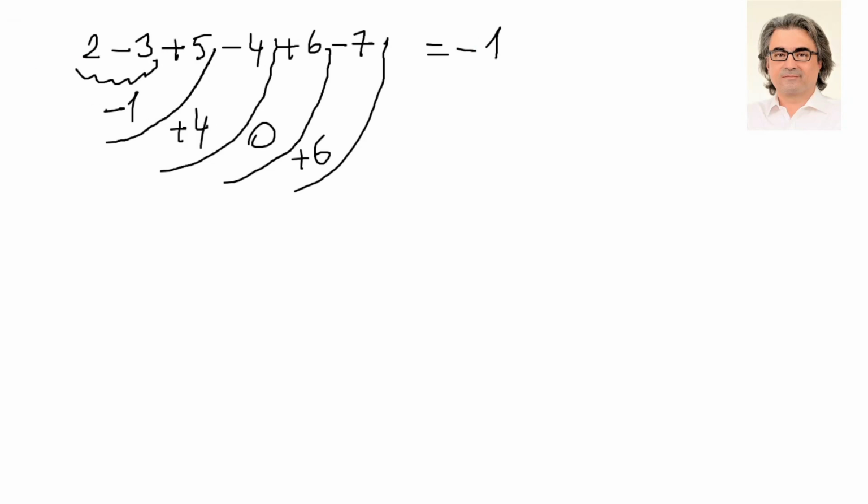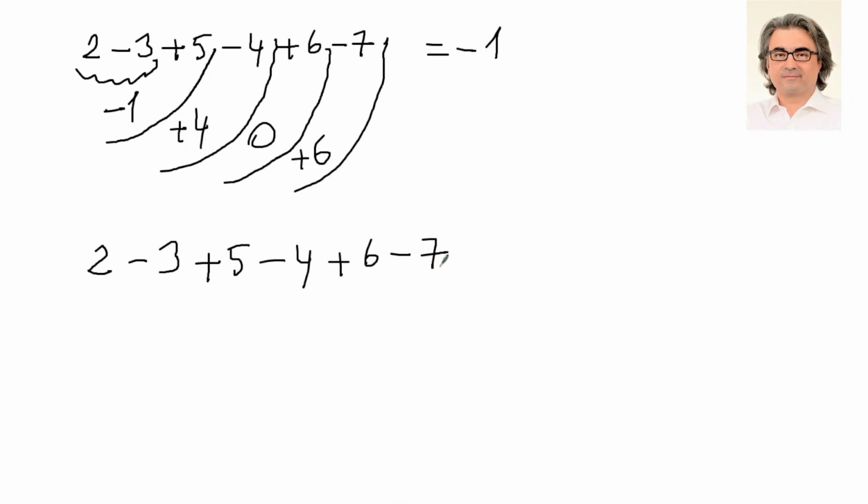Now, let's solve the last question again by this method. Plus 2, minus 3, plus 5, minus 4, plus 6, minus 7.